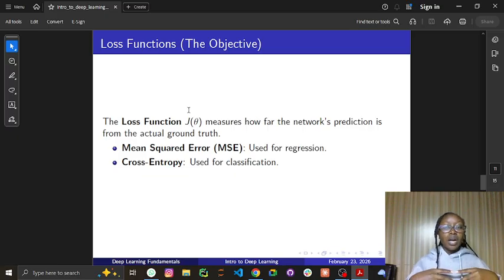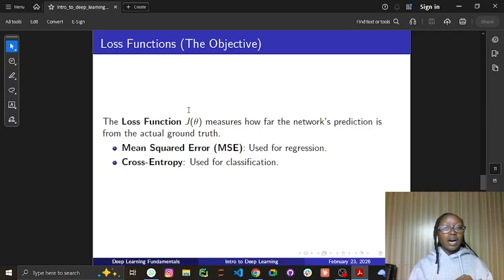We show the network a picture of a 4, and it guesses a 7. The loss function measures exactly how wrong the guess was. It gives us a single number, and that number is the error. Our goal is to make that number 0.